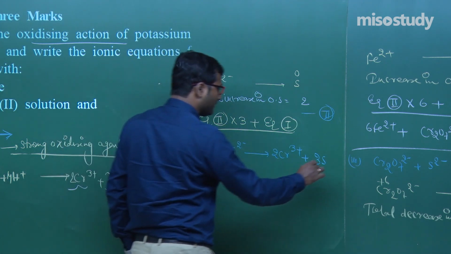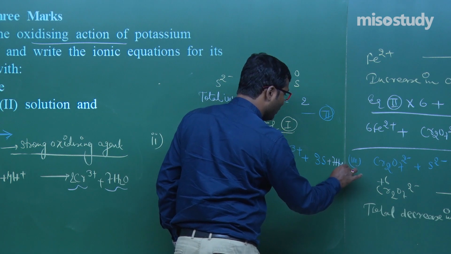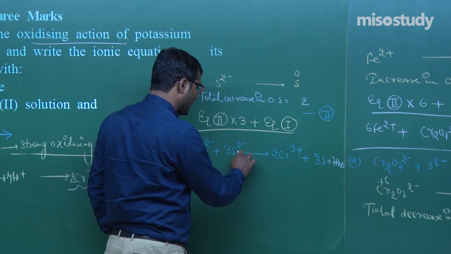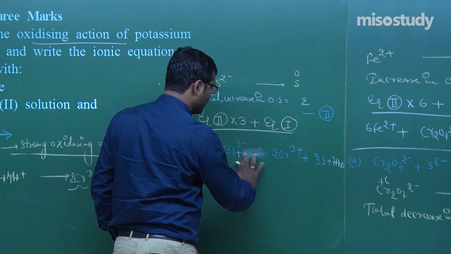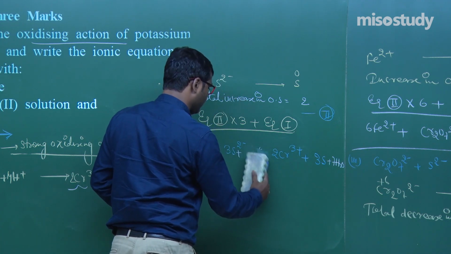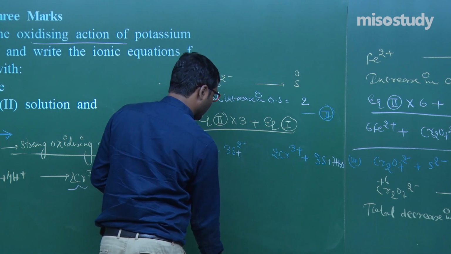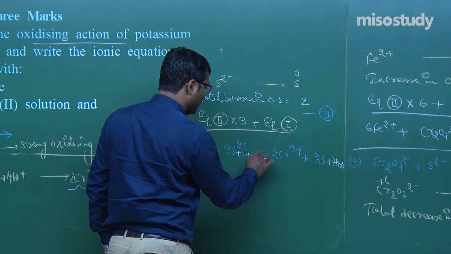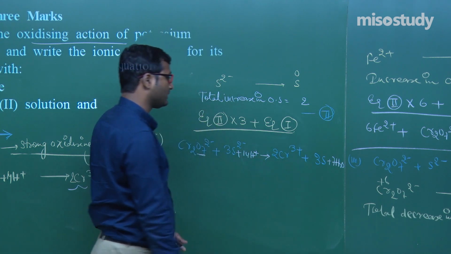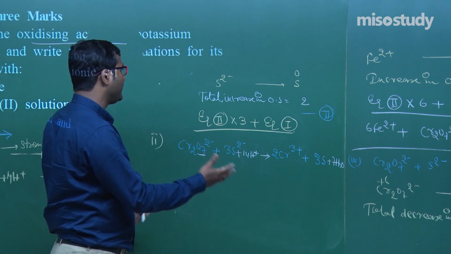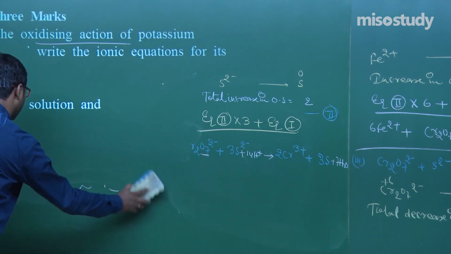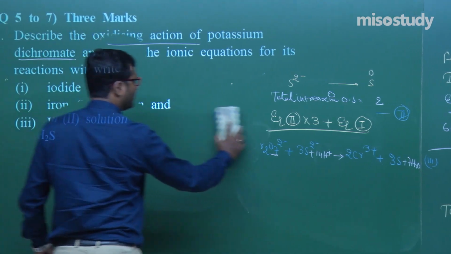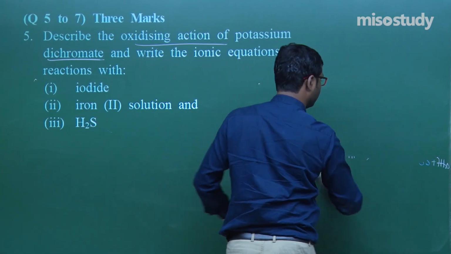Here is 7 oxygens, put here 7H2O, and now we can put here plus 14H plus, my friend, that is plus 14H plus, it gives you 2Cr3 plus. Clear? This is the complete reaction related to this question. Now let's move to the next question. Wait for a moment, my friend, give me a few seconds.